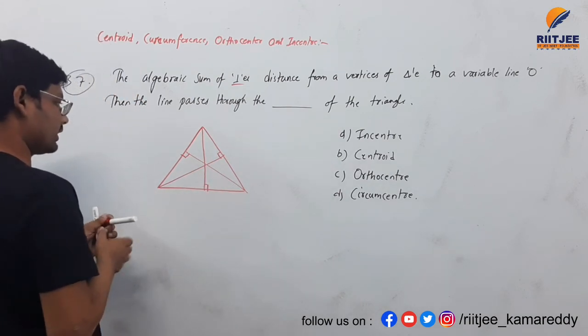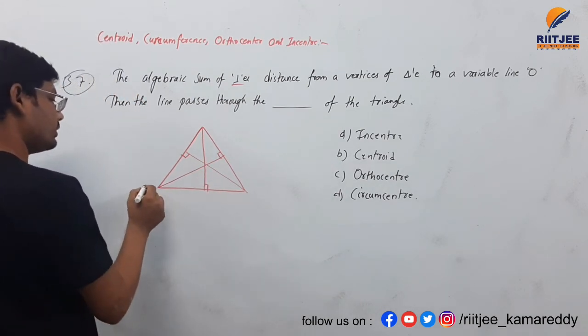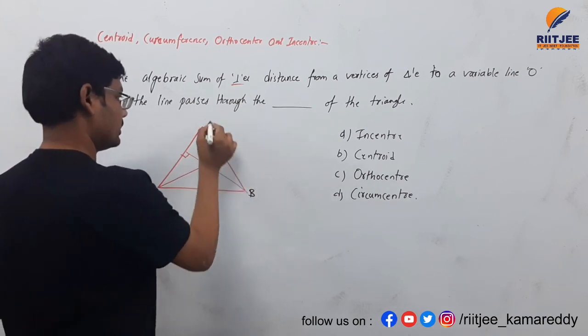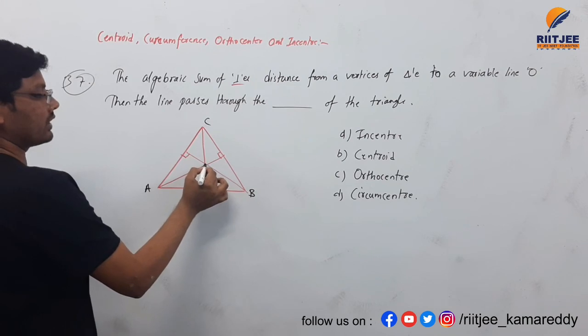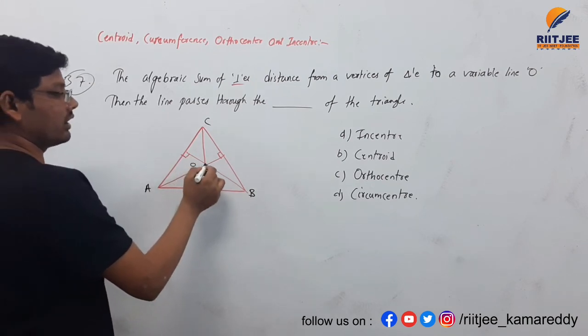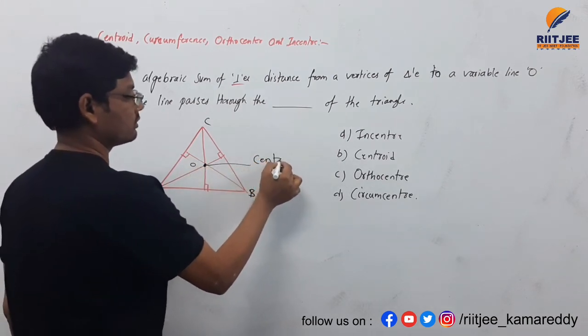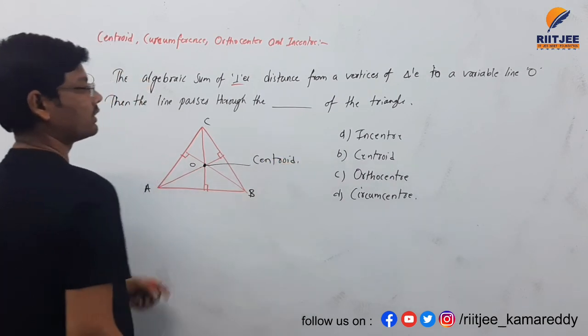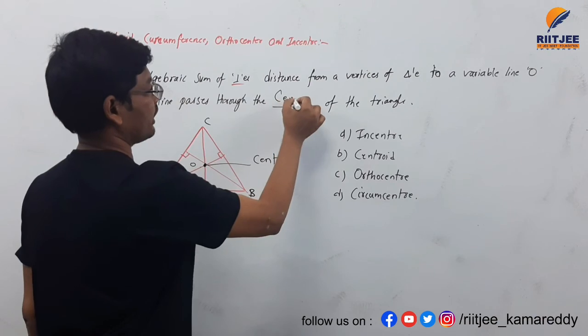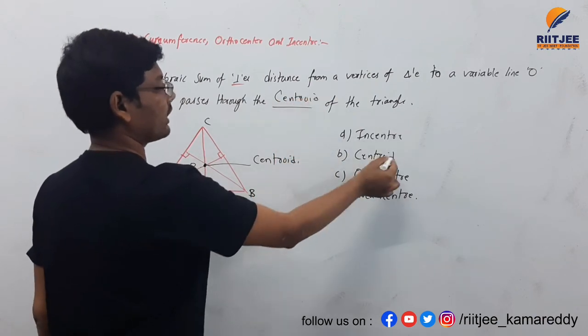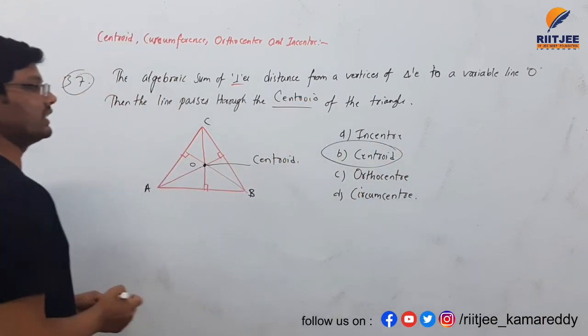Here 3 vertices are there, A, B, C. The point of intersection is called the centroid. So the line passes through the centroid of the triangle here.